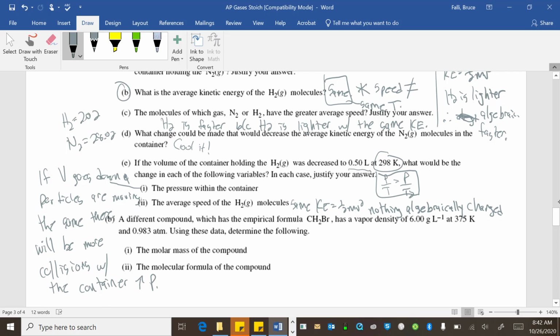And if I did this, I can't just say P1 over T1 equals P2 over T2. I would have to then substitute and solve it.